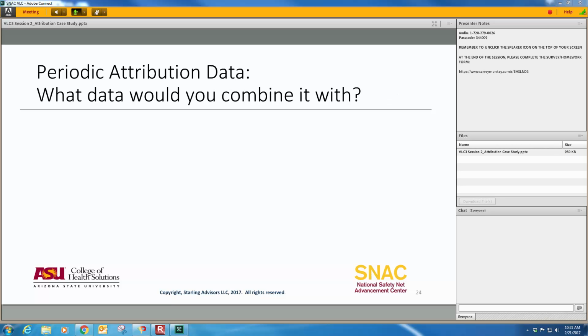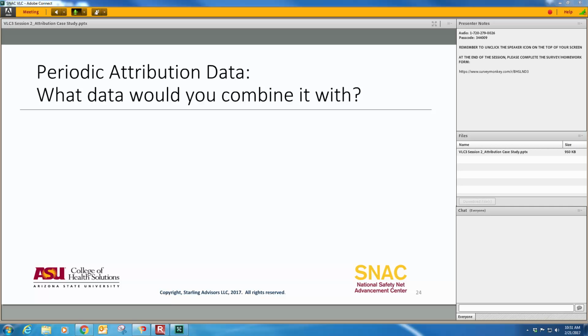So in the next part of the discussion, what data would you need to combine it with? For them, it was really important to identify which patients had chronic diseases, which would include them in the denominators of certain quality measures. They also wanted to combine it with last known non-urgent visit.